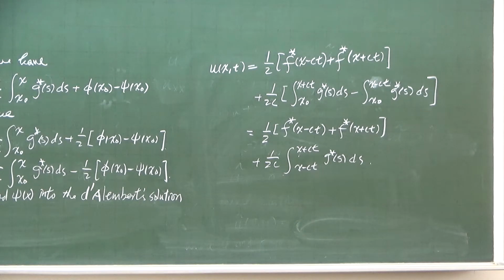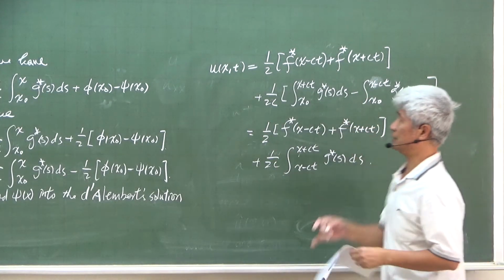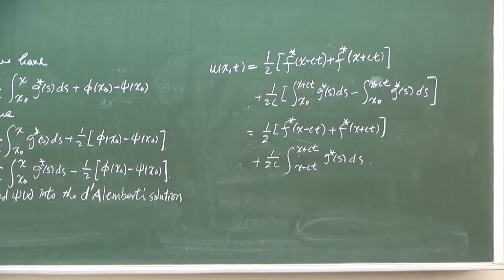Then we must have 0. So we have to put, because now we have this as our unique solution, right? And so we have this one: one-half of f star of minus ct plus f star of ct, plus 1 over 2c, integral from minus ct to ct of g star x dx. So this is 0.